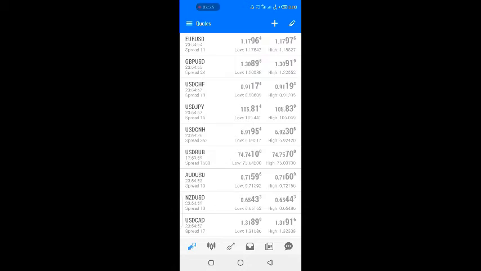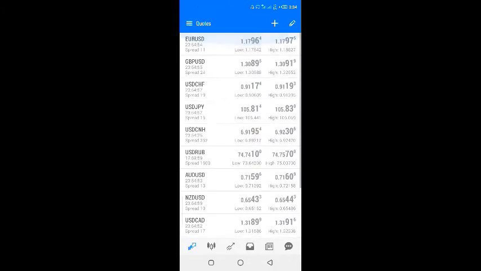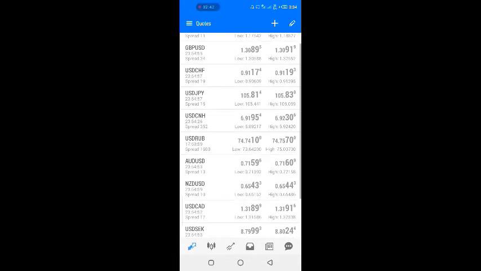Now if you check the list, this is the smallest of spreads apart from NSD USD. On a normal day, Euro USD has the smallest or tightest spread. Let's look at the next one, GBP USD, ask and bid column, 1.3089, 1.3091. 91 minus 89, we have 2, or 2 pips.